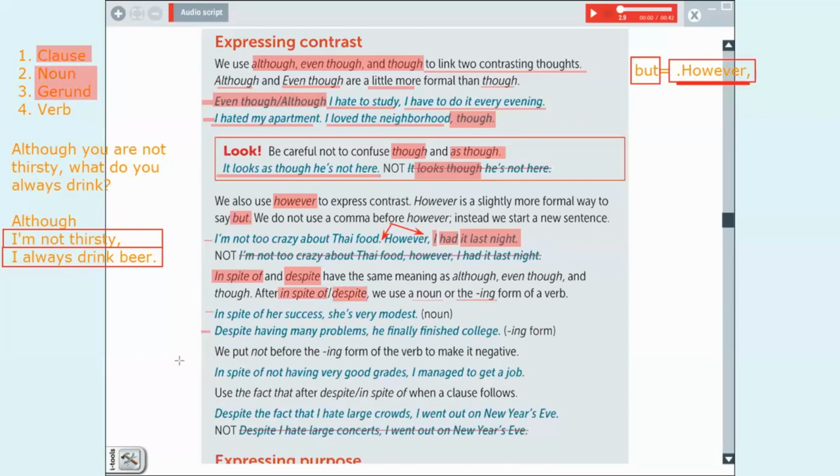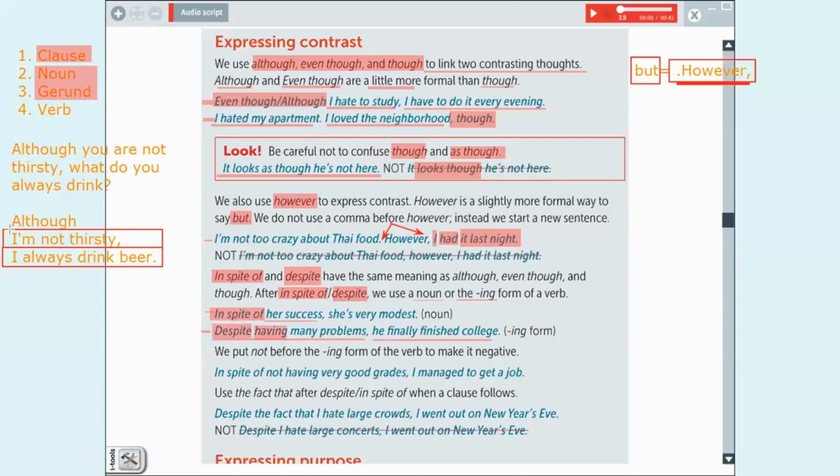In spite of her success, she's very modest. Despite having many problems, he finally finished college. In spite of, and then a noun, her success. Despite having many problems, having is the gerund form, and then the contrasting information.